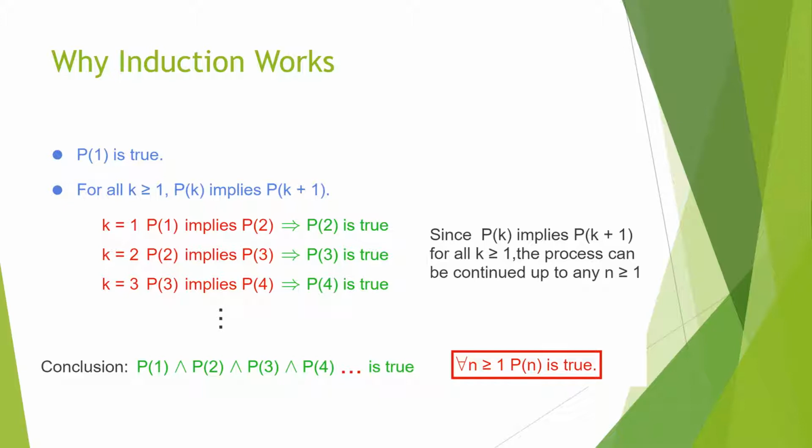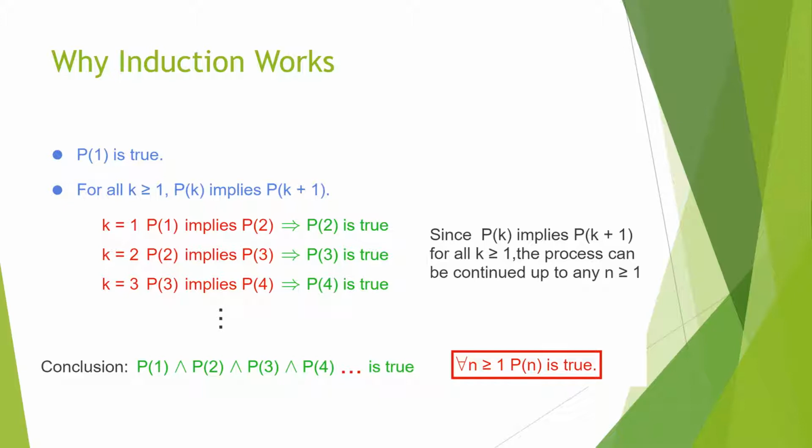Now, if you replace k by 2 in the inductive step, P(2) implies P(3). Since P(2) is true based on the previous conclusion, P(3) has to be true. Again, if you replace k by 3, P(3) implies P(4), which means that since P(3) is true, P(4) has to be true. Since P(4) is true, P(5) has to be true, and since P(5) is true, P(6) has to be true.